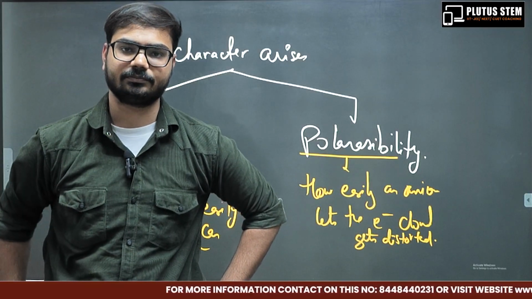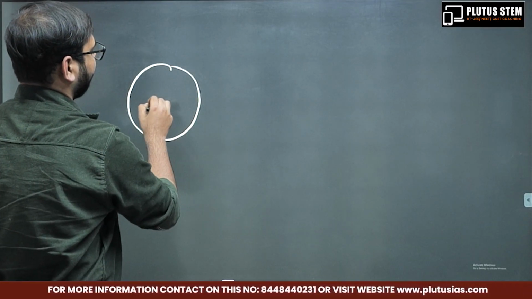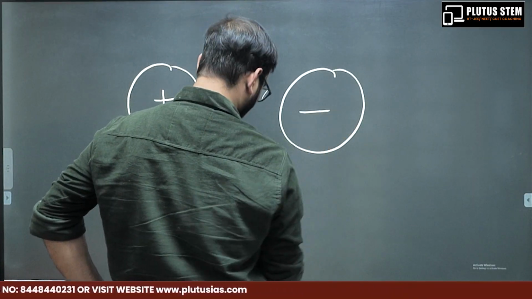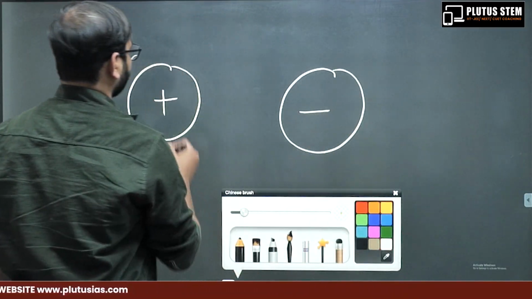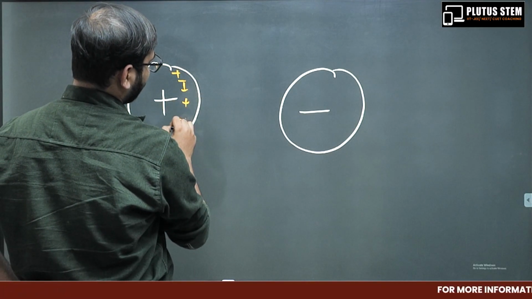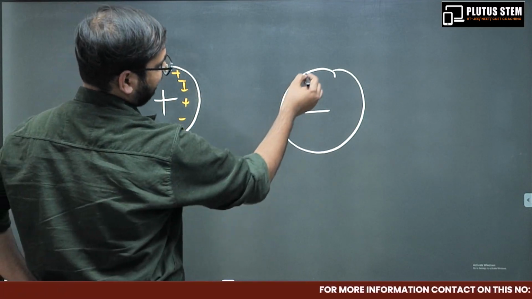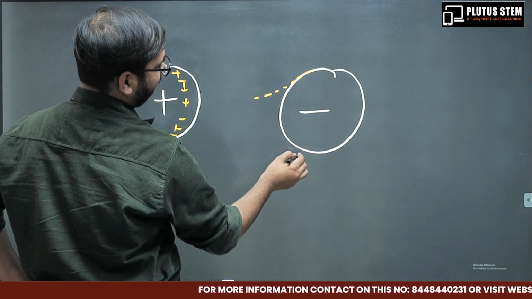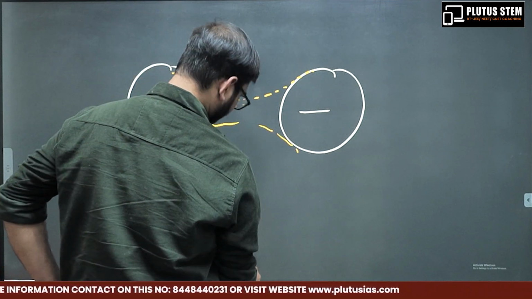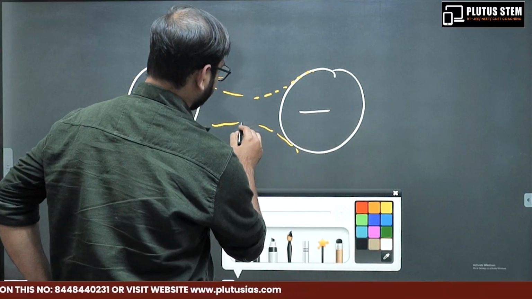In an ionic compound, I need to bring a cation close to an anion. When they come close to one another, the positive charge starts to align itself to the negative charge, and the negative charge electron cloud starts to get attracted towards the cation.